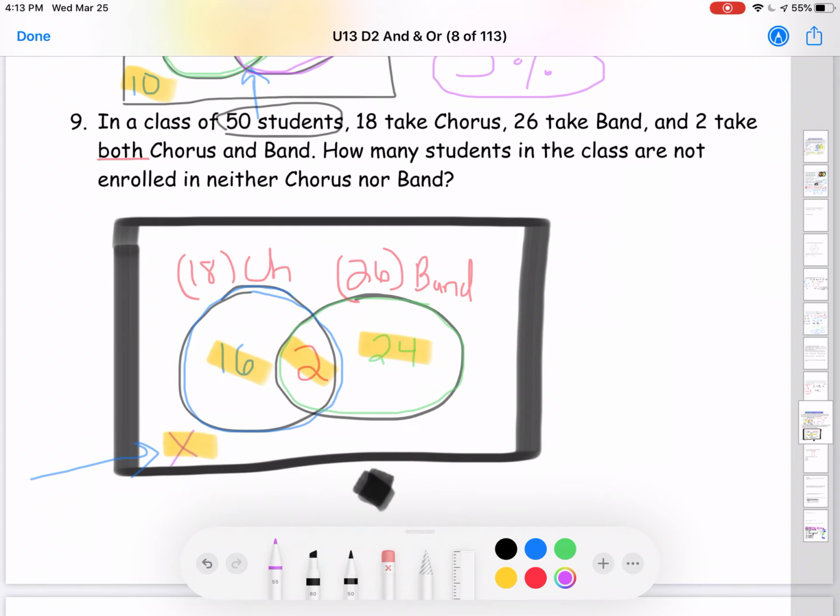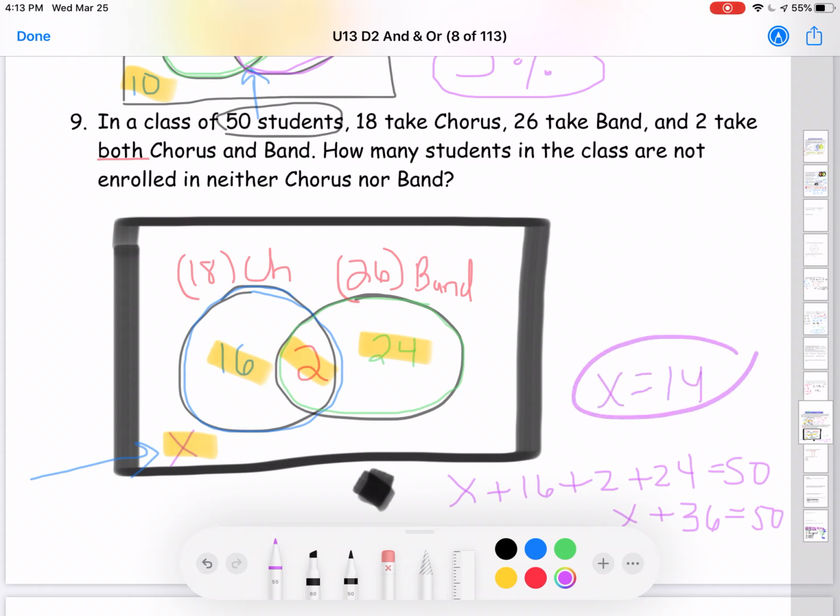So it's X plus 16 plus 2 plus 24, and I know what the total is. The total is 50. So I get X plus 36 equals 50. I'll go up here, so we get X is 14.